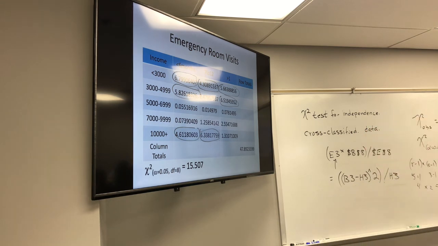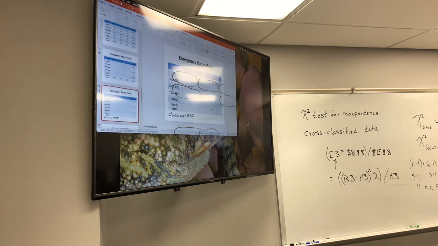So one of the things that I like about doing this in Excel is that when we go and look at Excel, we can actually see this is lower than you would expect. This is higher than you would expect. And this is higher than you would expect.